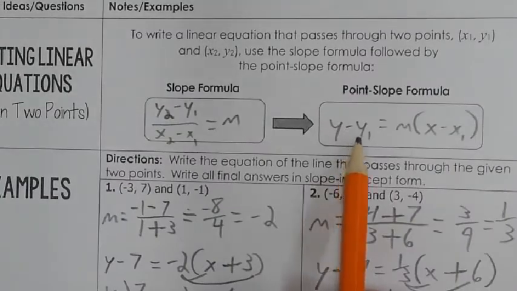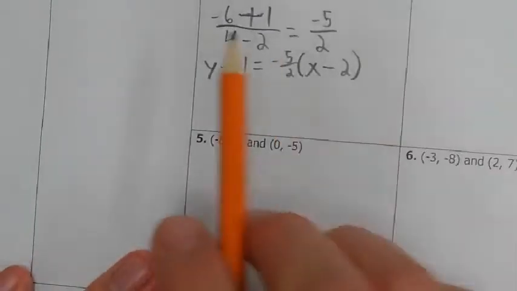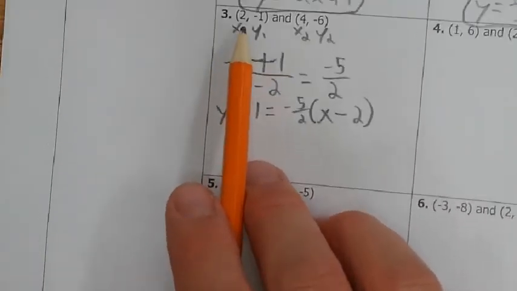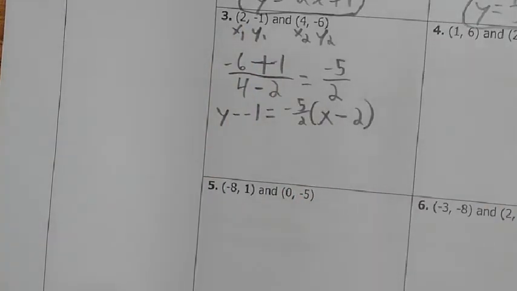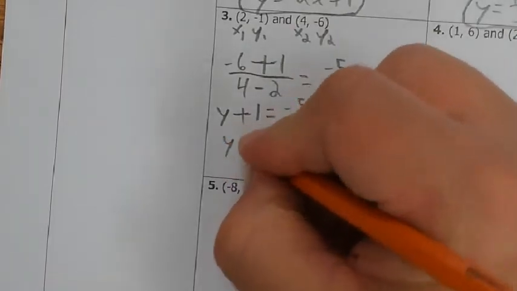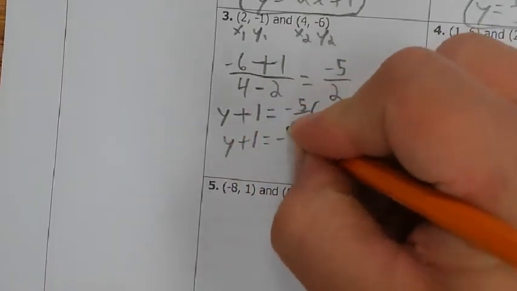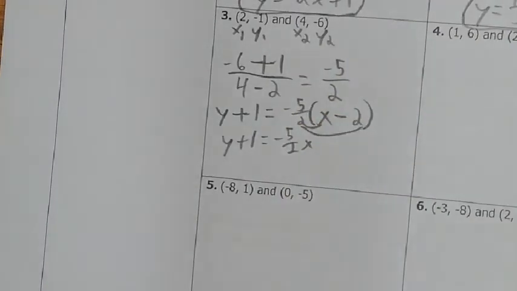What does this say? Y1 and X1. So what does x1 mean? It means your first x. So what's our first x? Okay, so that changes to plus. So now we have y plus 1 equals negative 5 halves x, and then negative 5 halves times negative 2.